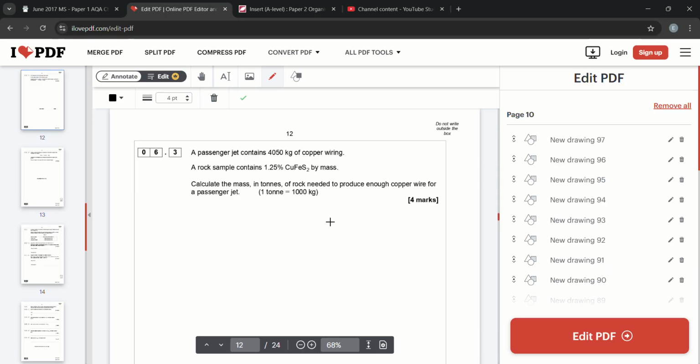Let's break down the question. And 1 ton equals 1,000 kg. Most students would know that, but if you didn't, there you go.